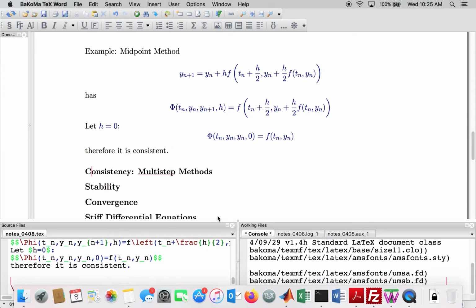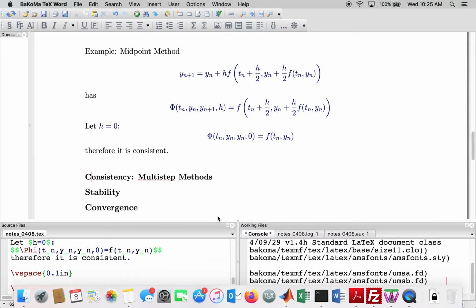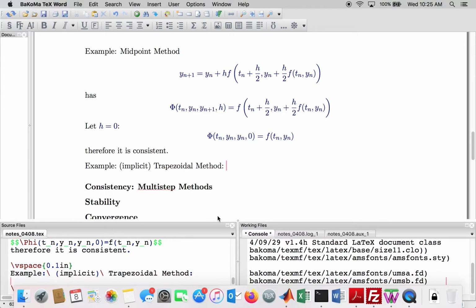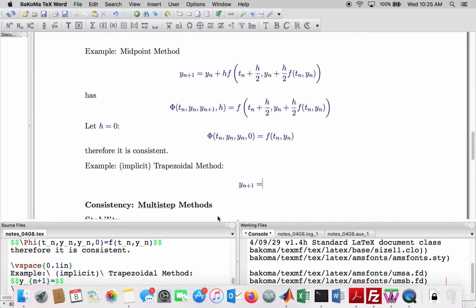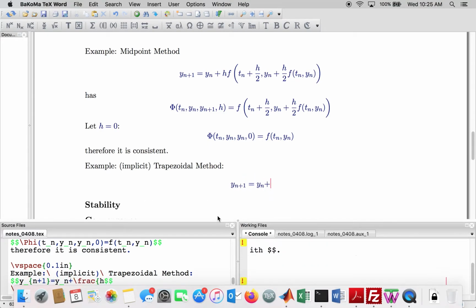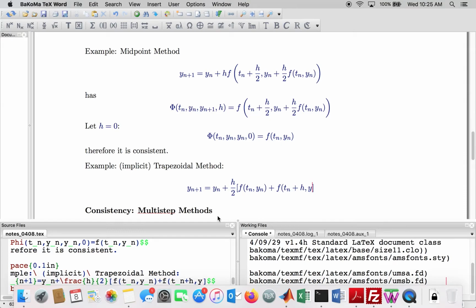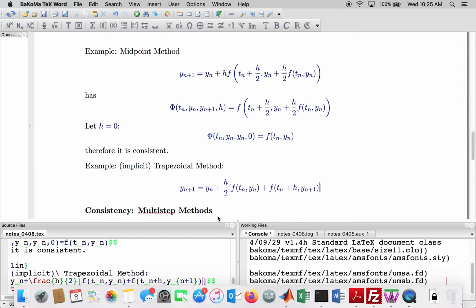I'm going to do another real quick. This one's not featured in the text. The implicit trapezoidal method. That is y_{n+1} = y_n + h/2 [f(t_n, y_n) + f(t_n + h, y_{n+1})], because it's an implicit method.